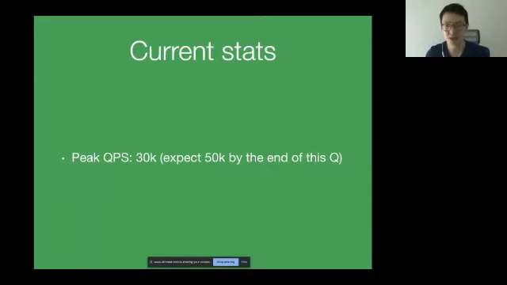Some other stats are not about the accuracy of the prediction, but more about the system stats. We are doing microservices here in the backend. So some key services are handling like 30K QPS in the peak hour. QPS stands for queries per second, and it's still growing.